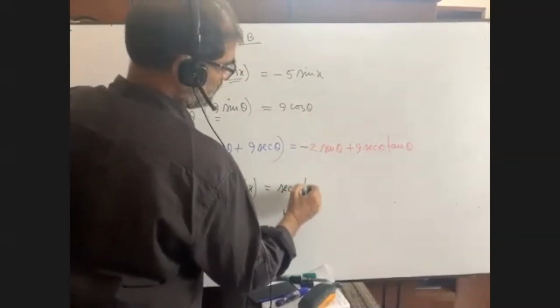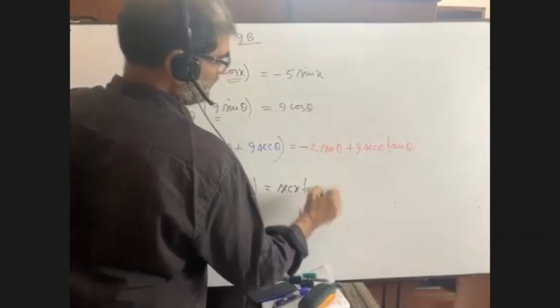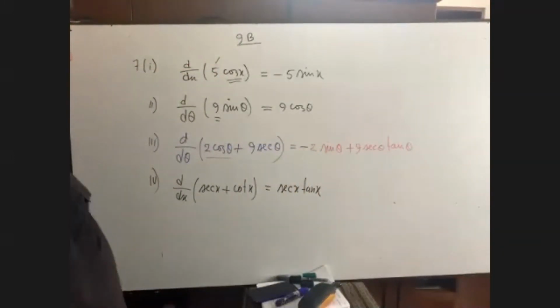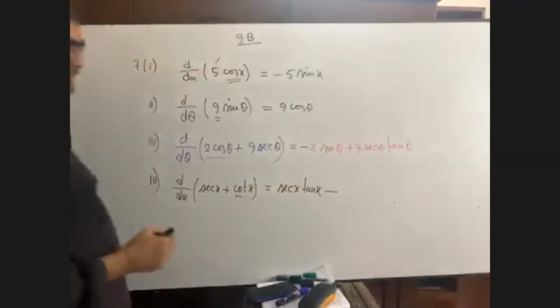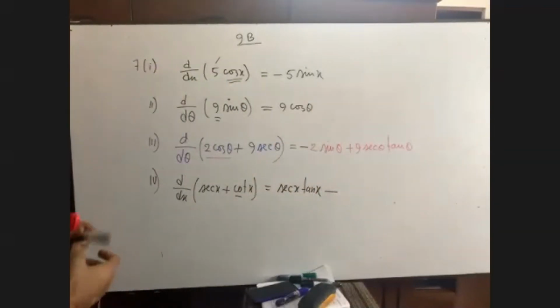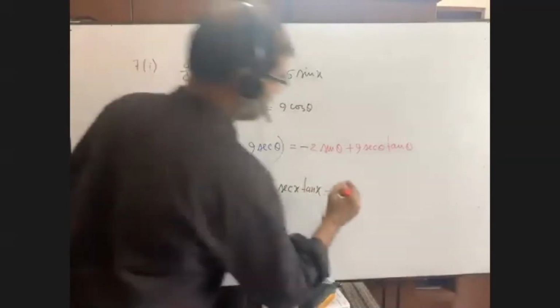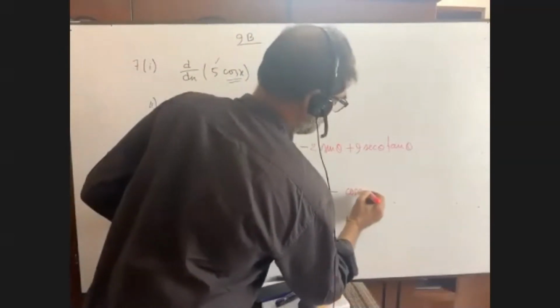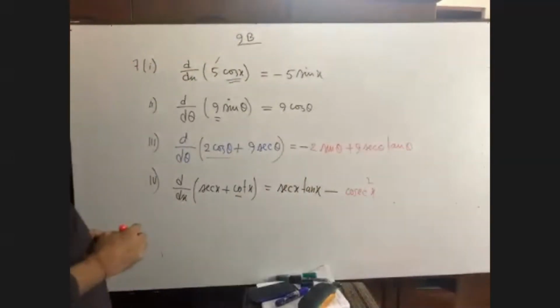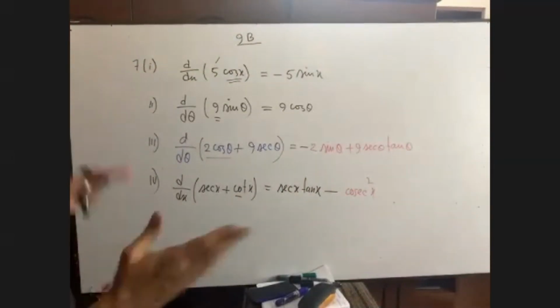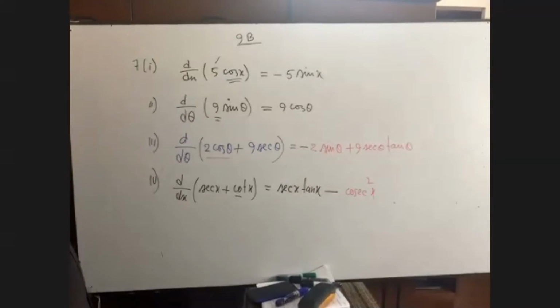Sec x tan x, right? Yes, sir. It is co, so there must be a negative sign: minus cosec square x. You're absolutely right. Is it okay to all? Yes, sir.